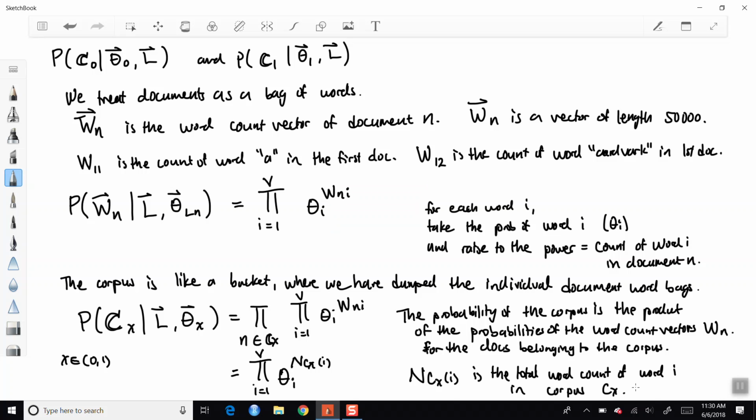So if document 1 had the word amazing 5 times, and document 2 had the word amazing 2 times, then in the corpus, you have seen the word amazing 7 times. Okay, and so your NCX, the number in corpus CX of the word corresponding to I, if amazing is like the 60th word in the dictionary, for that word would be 7, okay?